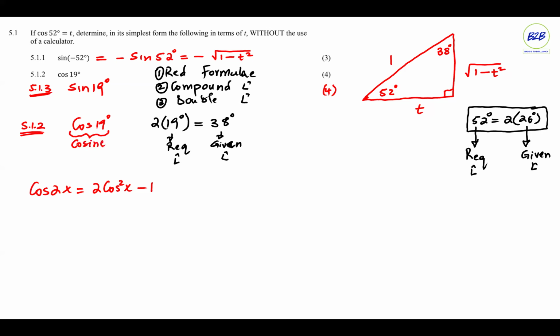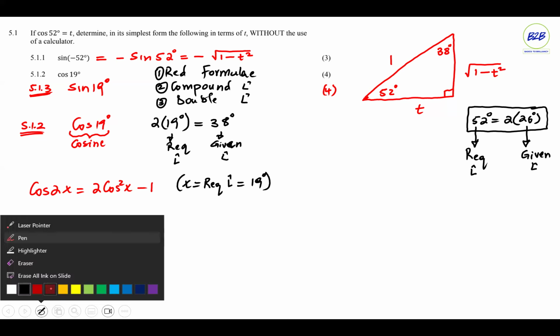So if we were being asked for sine, we were going to use the one that says 1 minus 2 sine squared x. In this case, x is equal to the required angle, which is 19 degrees.